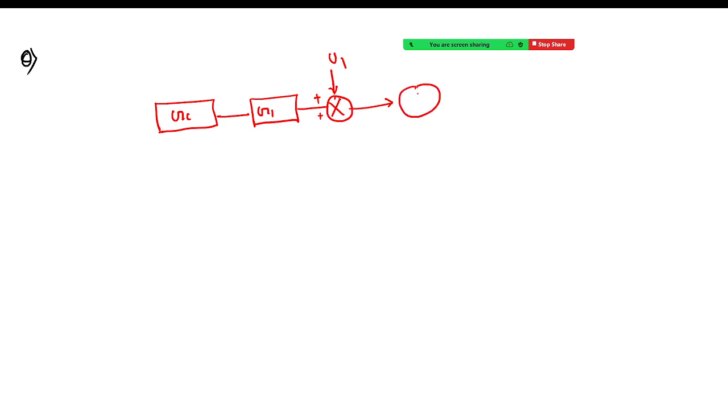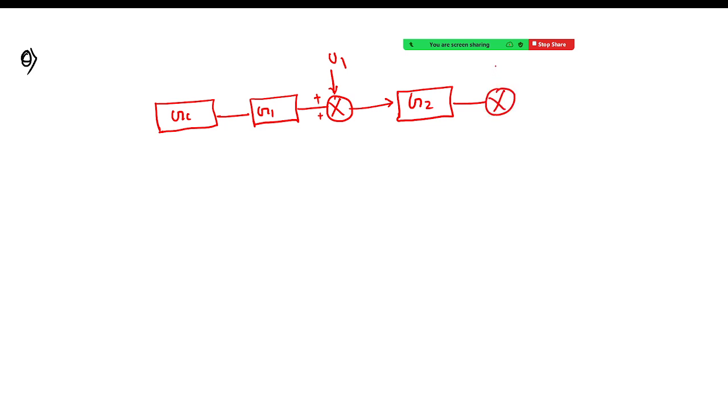So if I tell you to solve this kind of problem, this one is GC, this one will be G1, fine. This one is U1. In this problem, I am giving two loads, right? And let's say this one is your G2.